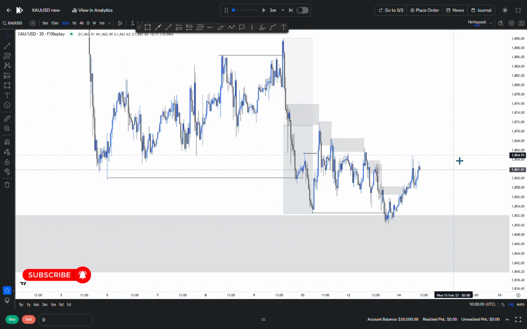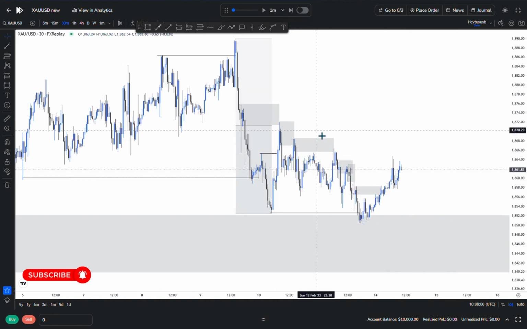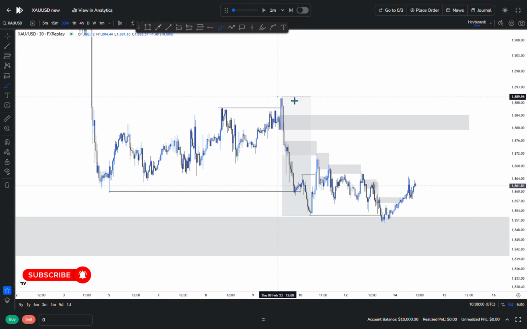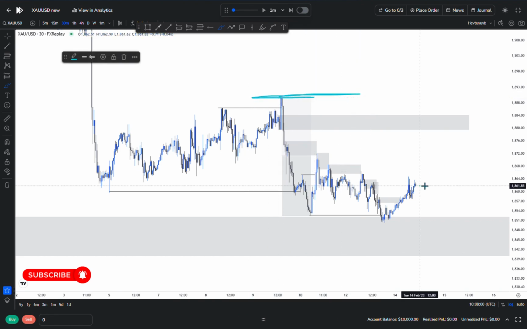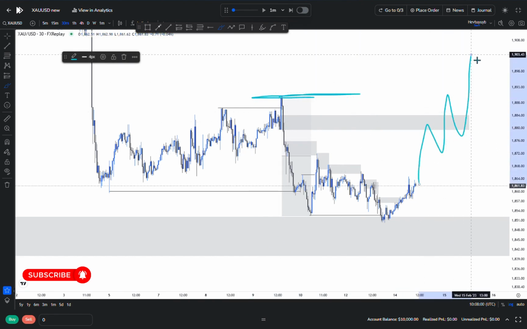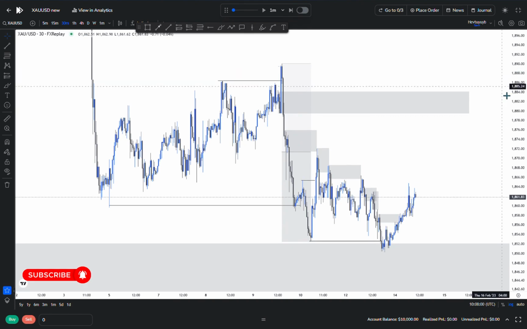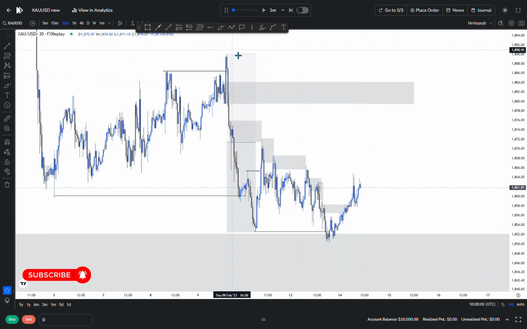If there is an opportunity for me to look for a buy, I can join the buy here for price to come to this premium level. If price should break above this level, that is when I'll be interested in looking for a buy in alignment with the higher time frame. But presently, I'll be looking for a temporary buy for price to clear out all this liquidity.